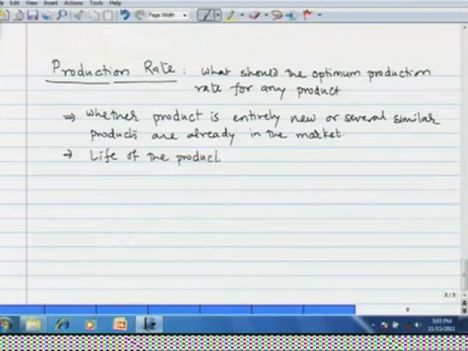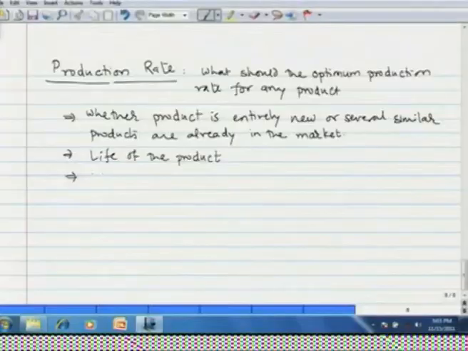As soon as competing products come into the market, the sale of a particular product goes down, and therefore, we have to see whether we are going to access about 50% of the market or only 5% of the market, access to market.